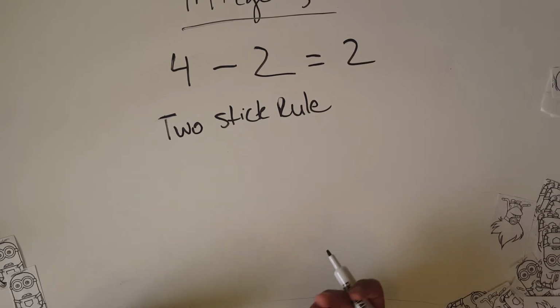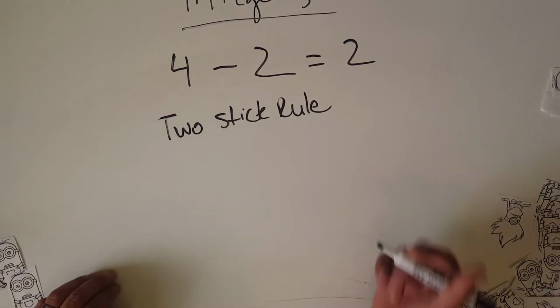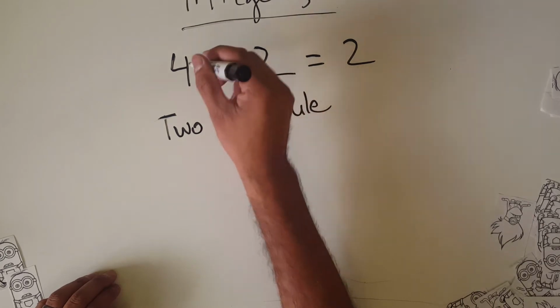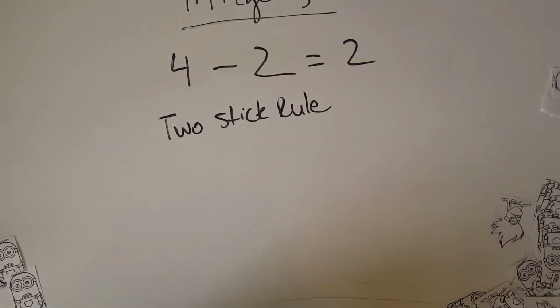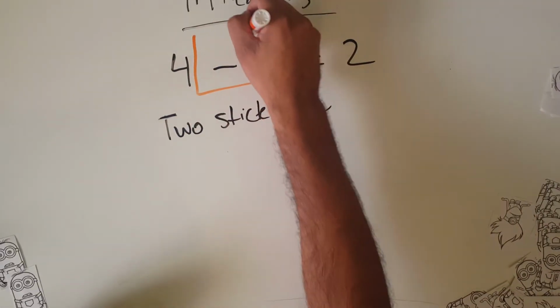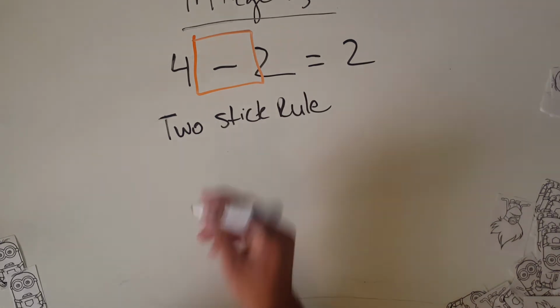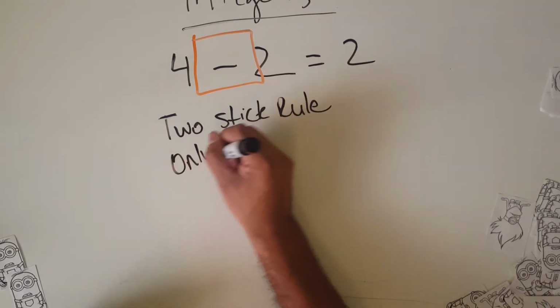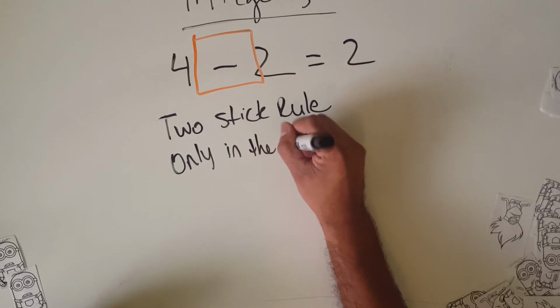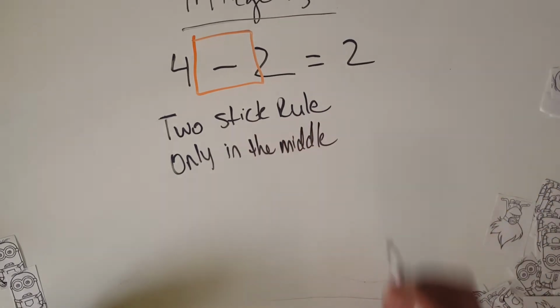If you do the 2-stick rule, it'll be easy. Okay, so look, 2-stick rule only happens in the middle. So let's write that down too. Only in the middle. Okay, so the 2-stick rule only happens right there in the middle in that orange box.